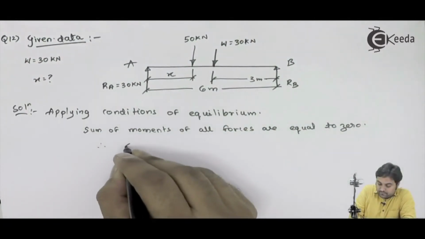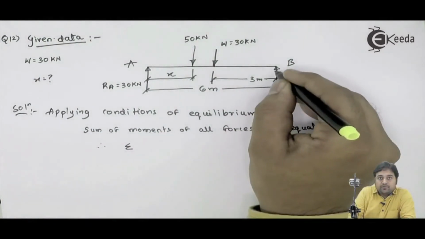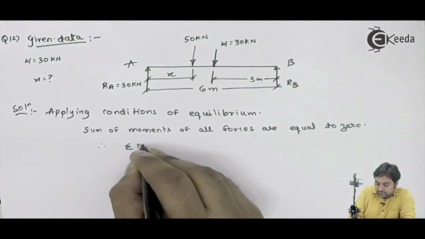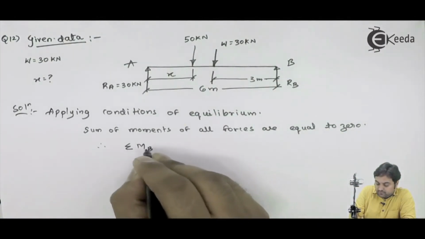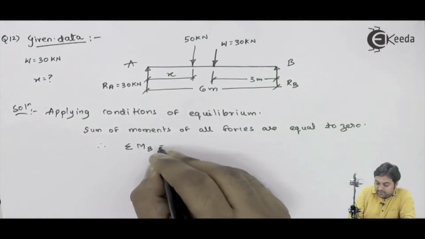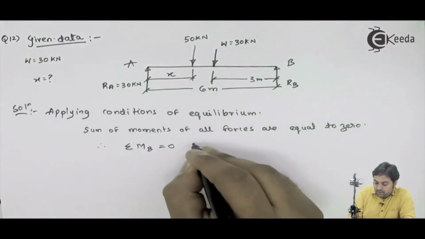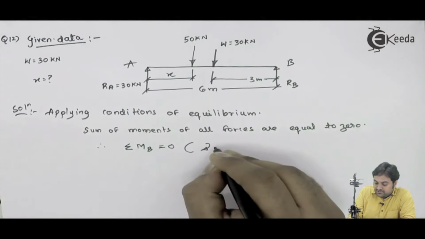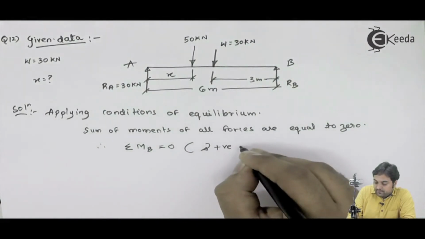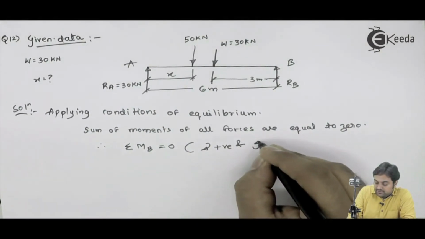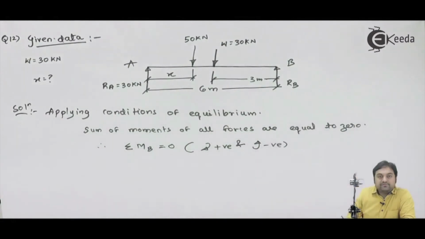Therefore I will be taking the moments of all forces at point B. So it will be summation of moments of all forces about point B is equal to 0, where clockwise moments I'll take as positive and anti-clockwise moments I'll take them as negative.